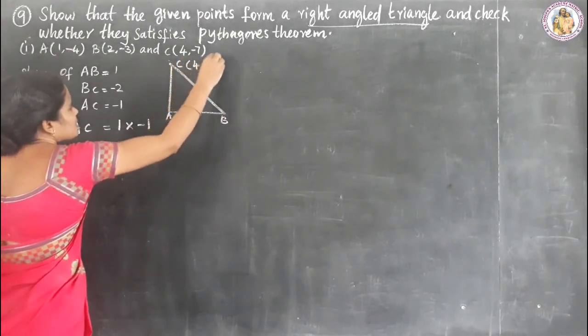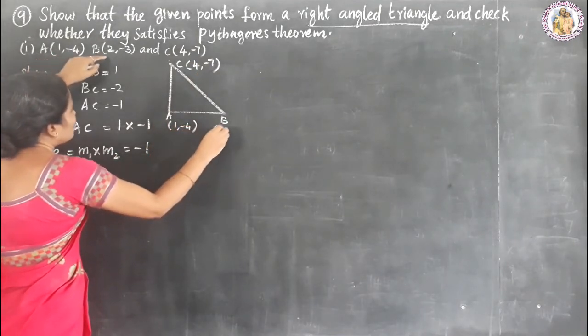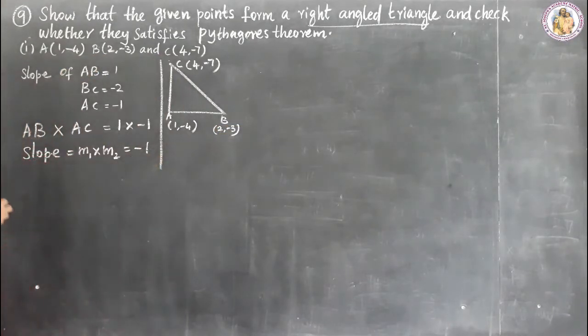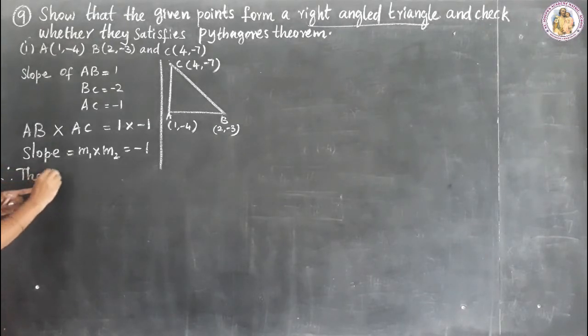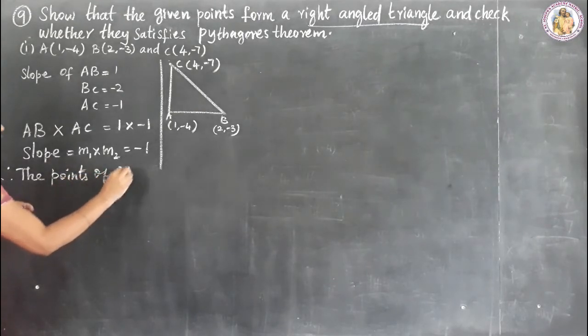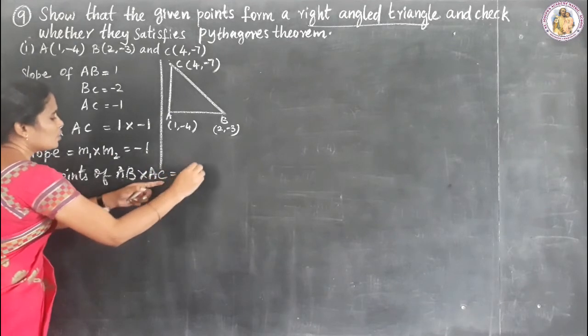Okay, C (4, -7), A (1, -4) and B (2, -3). So therefore the slope of AB into AC is equal to minus 1.